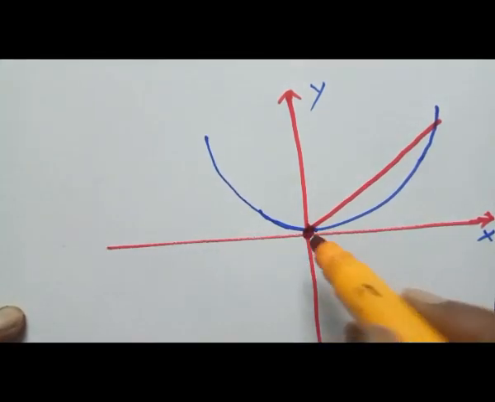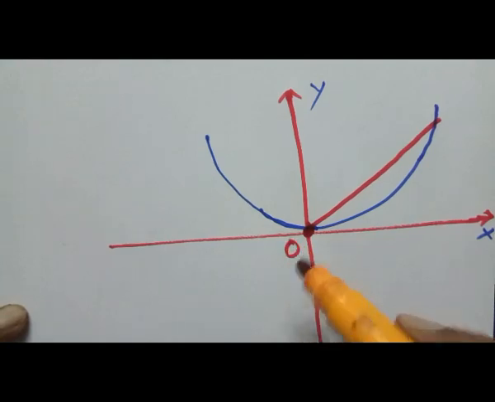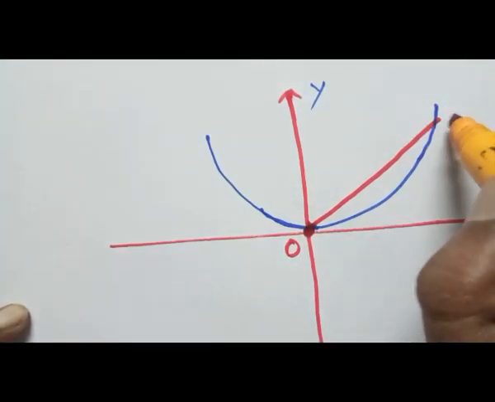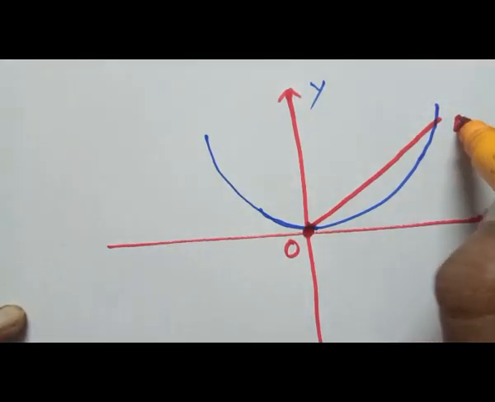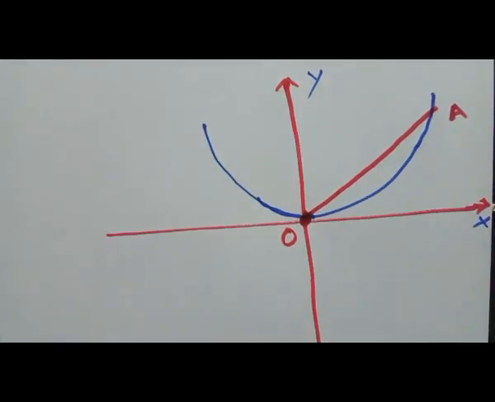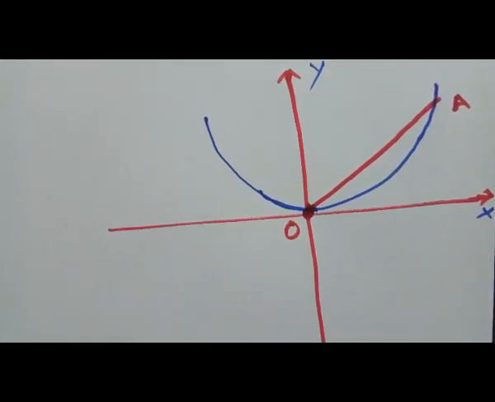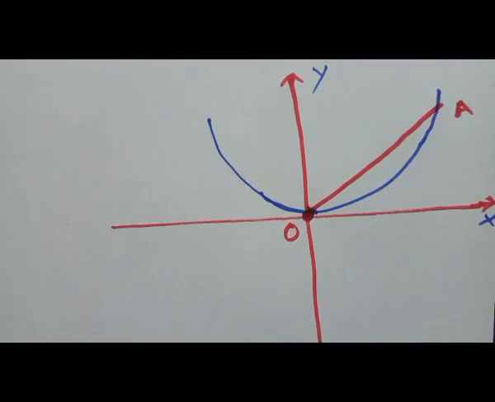This is the origin O and say this is A. These are the points of intersection.